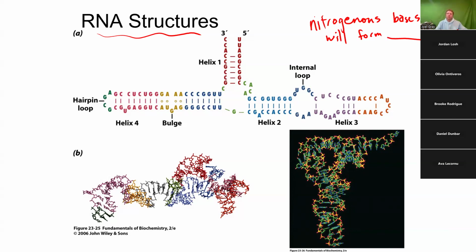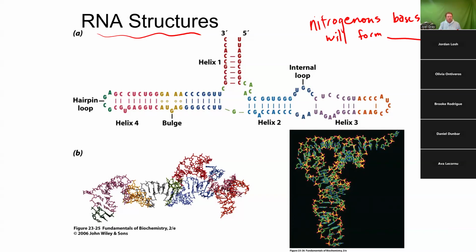So between two nitrogenous bases, A and T, what type of bond is formed between A and T? Tell me in the chat. You could just go with a single letter, or you can type the whole word. Hydrogen. Perfect. Hydrogen bond. Okay.